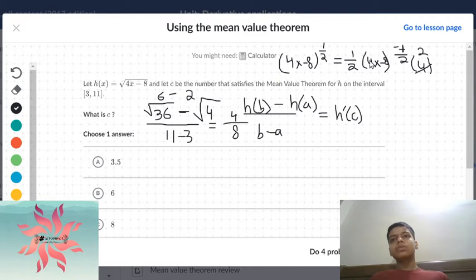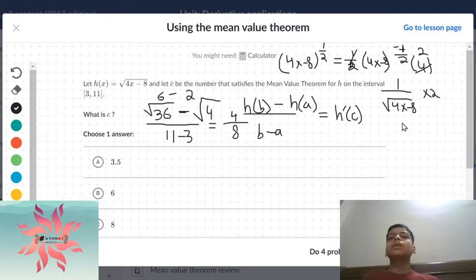This will be 1 over the square root of 4x minus 8, and this thing is equal to 1/2.